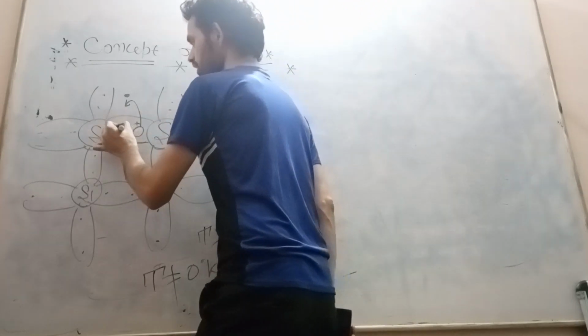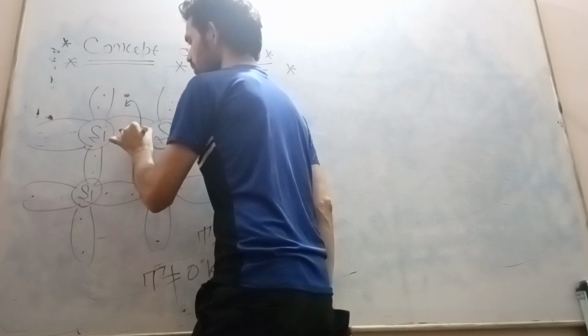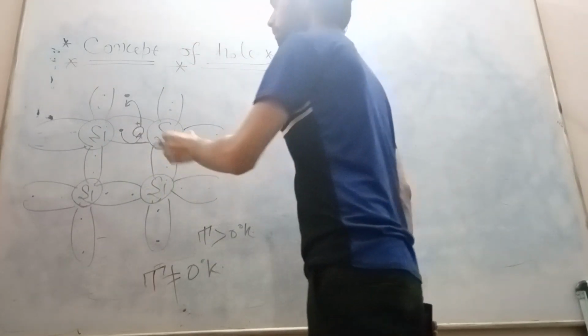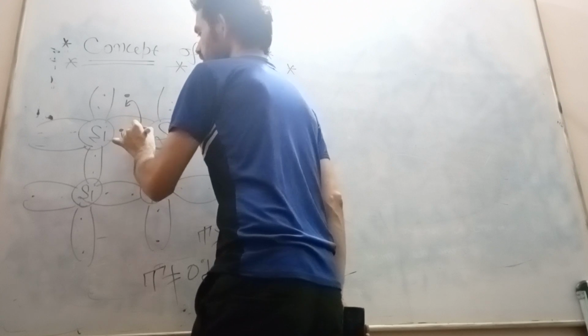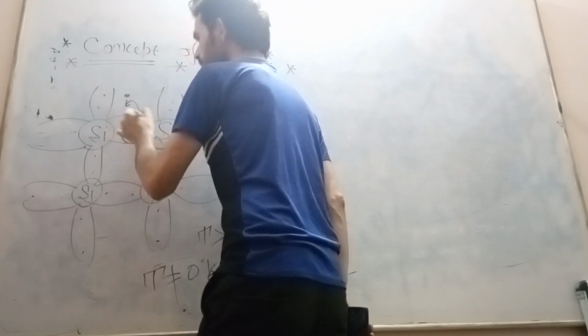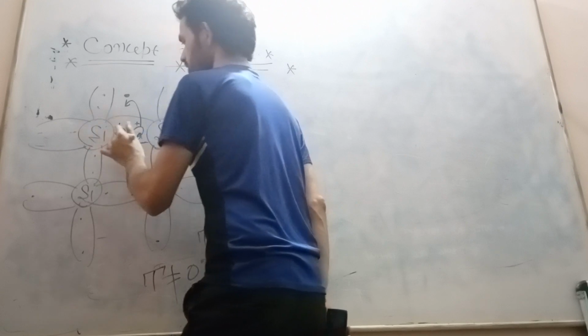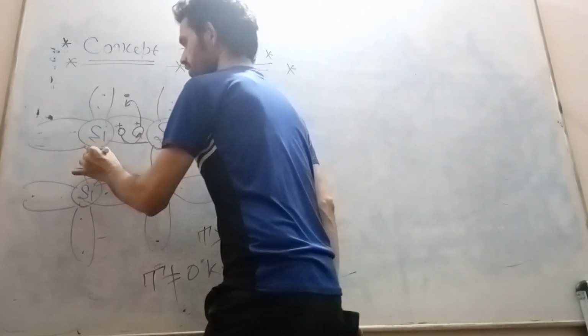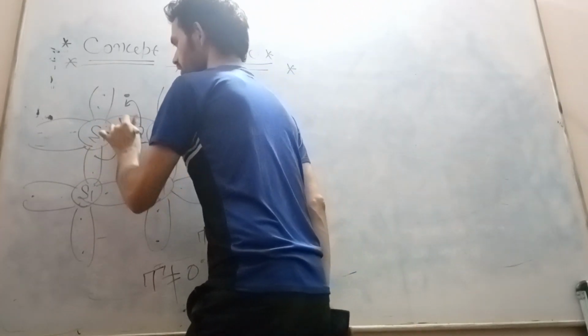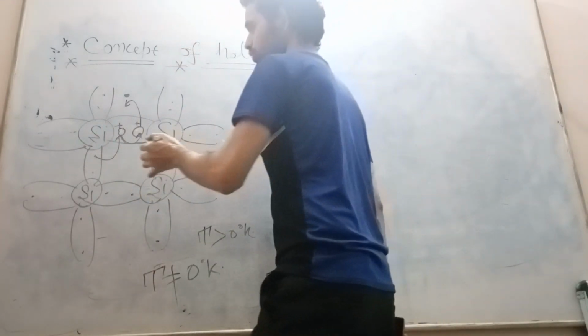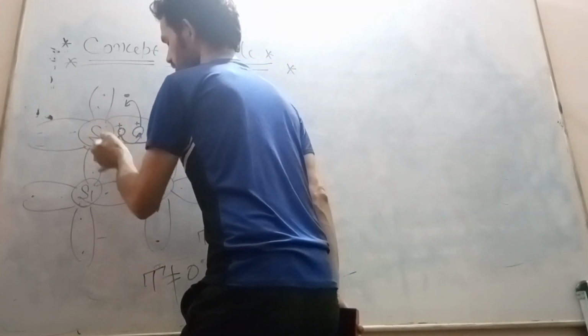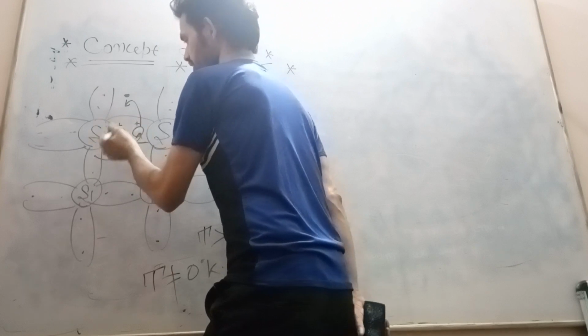Now this electron will jump to this empty state and replace it. Now a positively charged empty state gets created here. Further, this electron will come and fill this positively charged empty state.